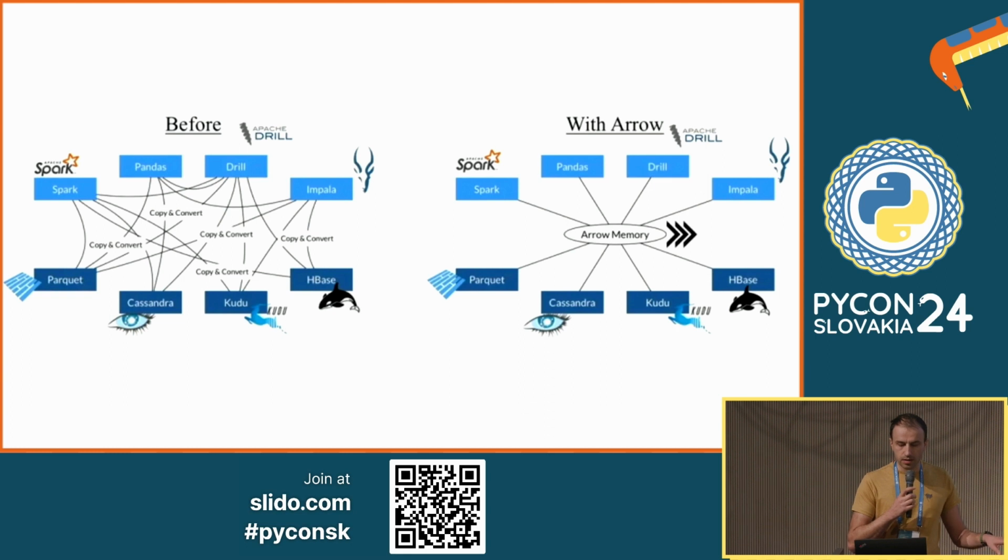A big advantage for machine learning is that when you use Parquet with Arrow, you can move the data with zero copy.